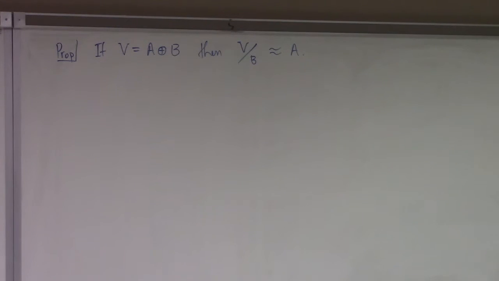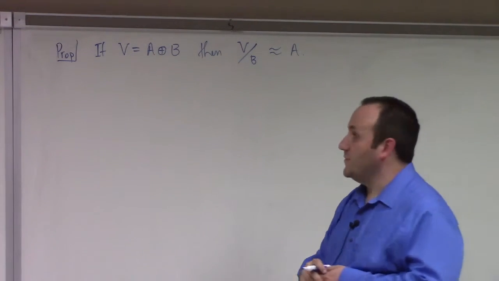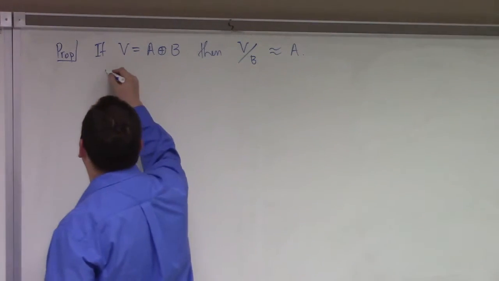Saying V is the direct sum of A and B means that both A and B are subspaces of V.